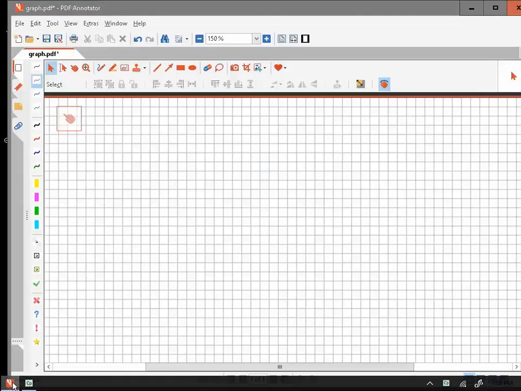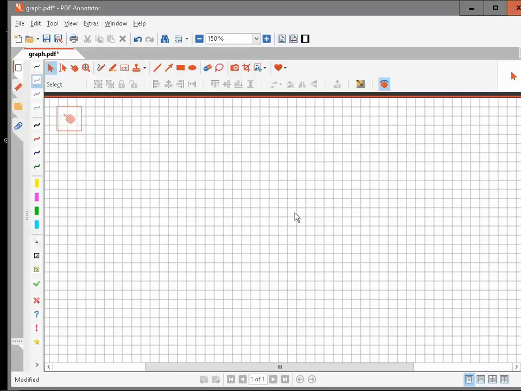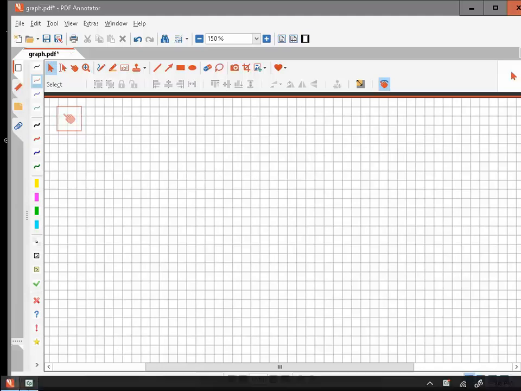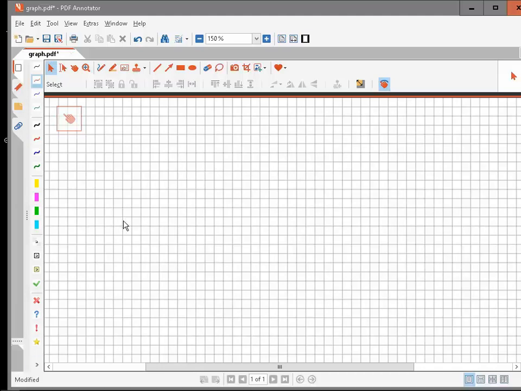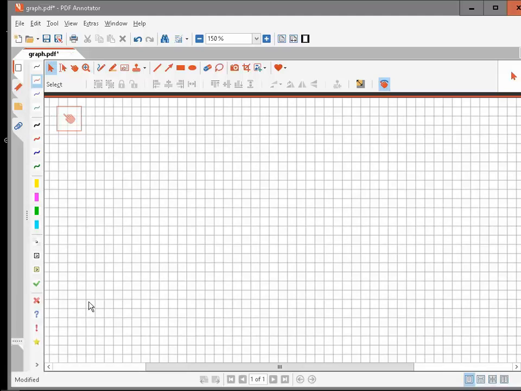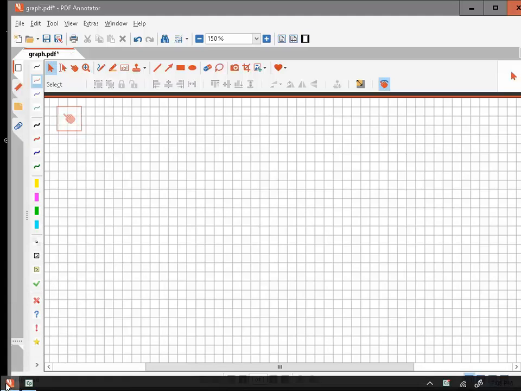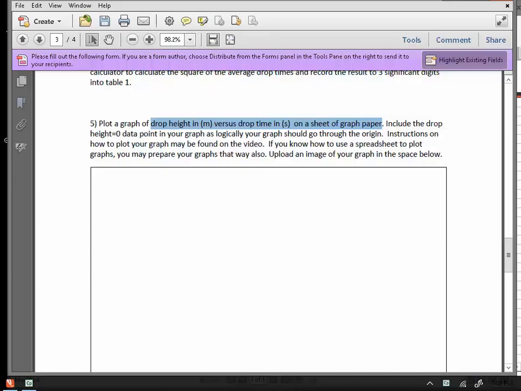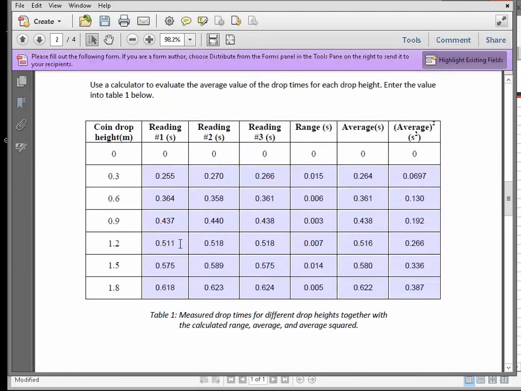I've got my graph paper here, and first, before I start plotting my graph, I want to look at the range of the data that's to be plotted. So let me go back to the table here, and let's look at the range now, not of the values for a particular height, but the values that need to be plotted on each axis.